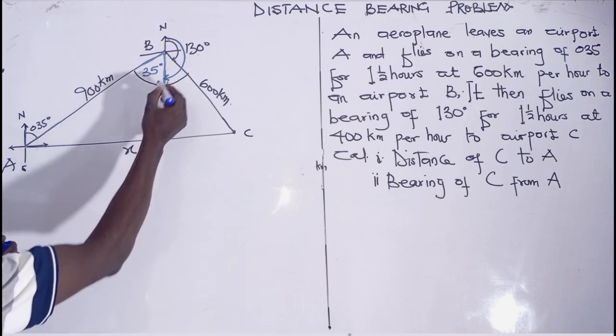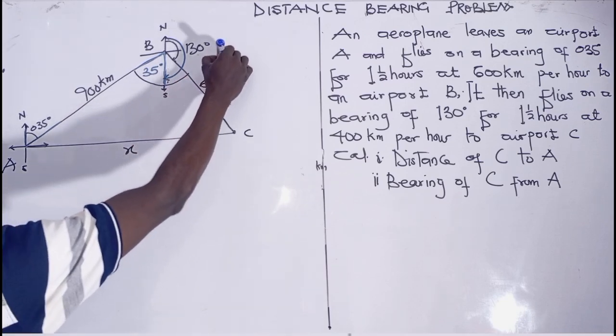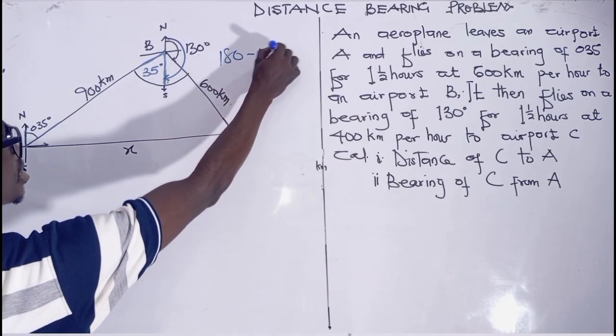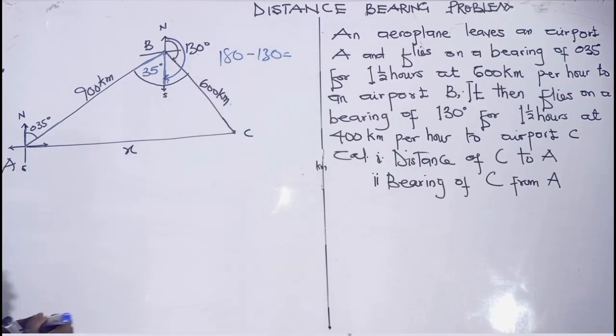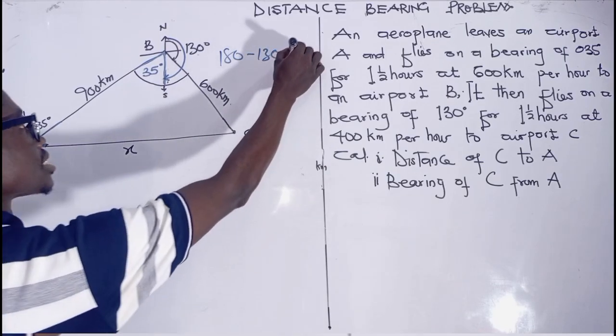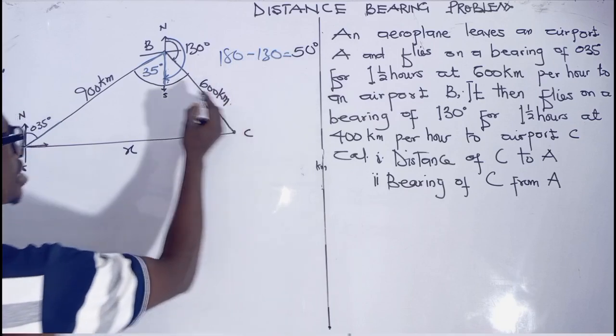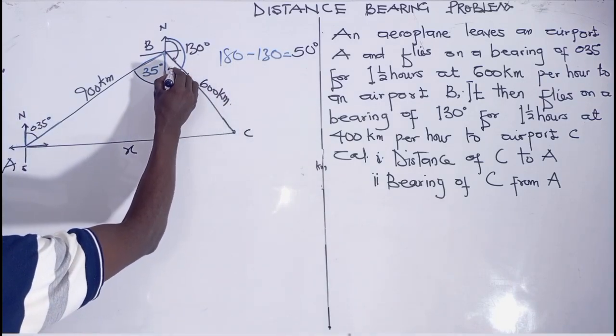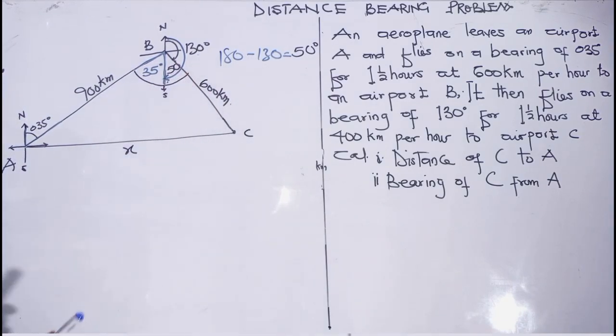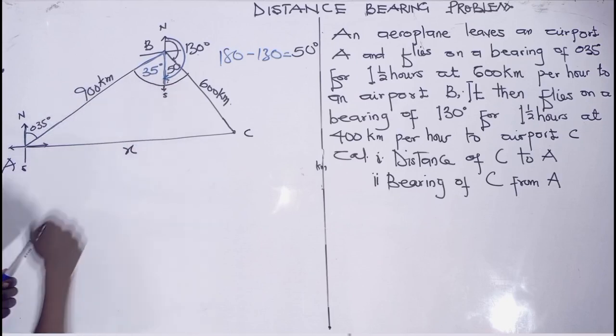So to find this small angle, we subtract 130 from 180, which gives us 50 degrees. So this small angle is 50 degrees.